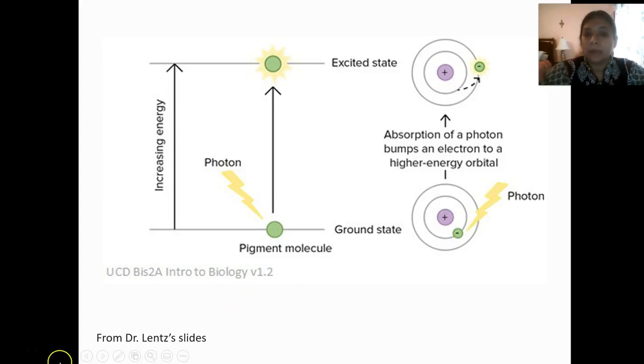So a pigment molecule in its ground state is in a happy-go-lucky state. It's very stable, just going about its business. A photon strikes it and transfers some of that photon energy to it and moves it up into this excited state where it's now unstable. If you look a little bit closer, when it absorbed that quantum of energy, it shifted its electron from its own orbit into a higher energy orbital space.